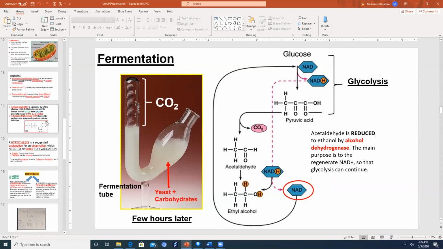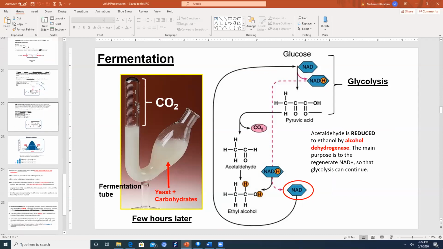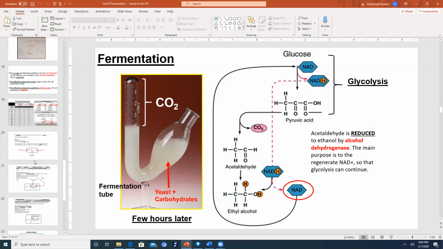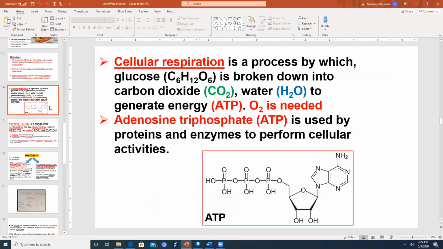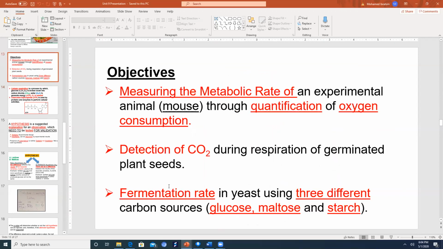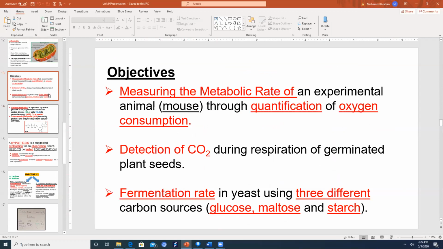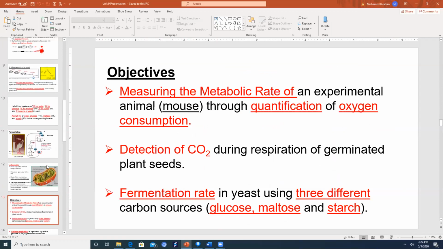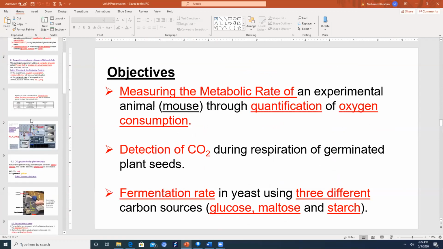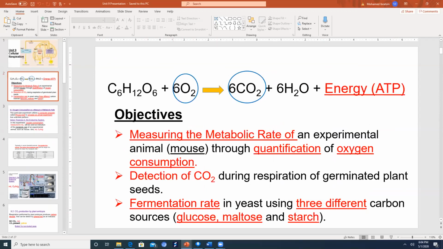What else? You don't need to worry about the structure of ATP. You need to know that the equation for cellular respiration is basically the degradation of organic compound to release energy.